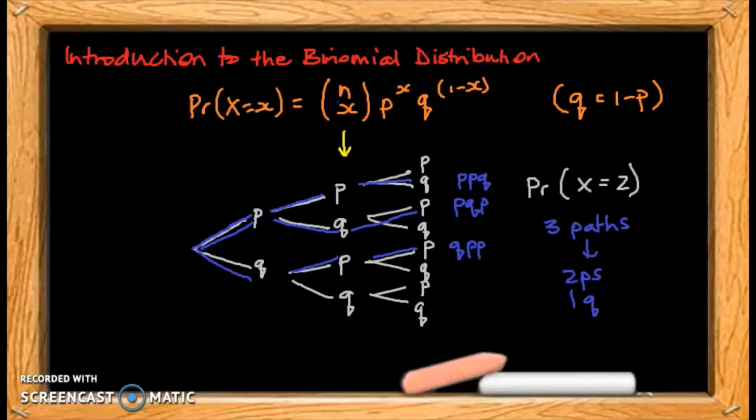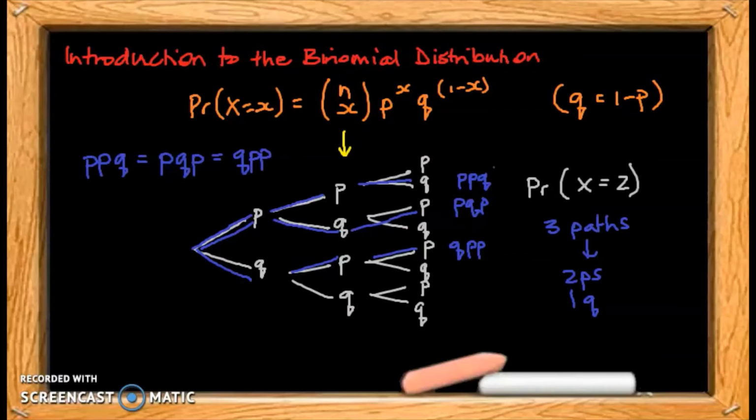This idea here, these 2 numbers in brackets, they come under the study of factorials, and they help us work out how many paths we have that have the appropriate number of successes and the appropriate number of failures. Remember as well that each success in the binomial distribution has the same probability, which means that PPQ will equal PQP, which will equal QPP, because I'm multiplying the same three numbers.